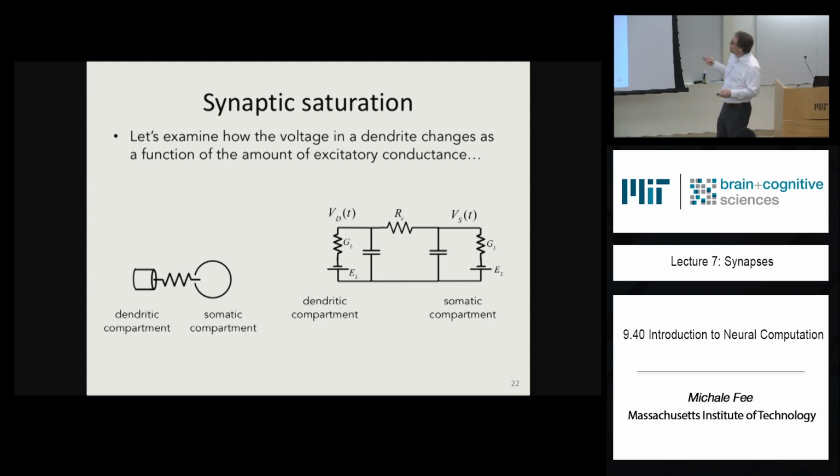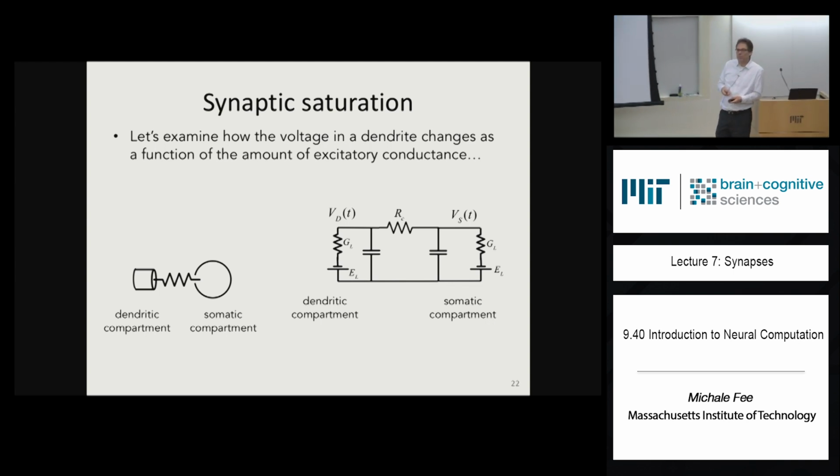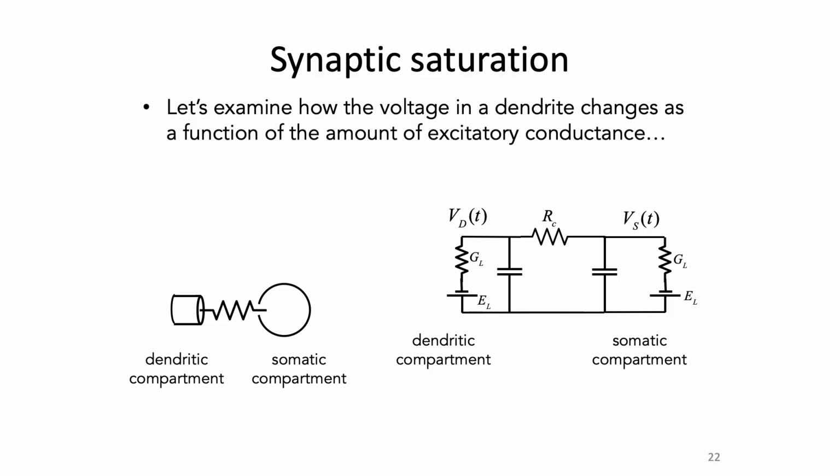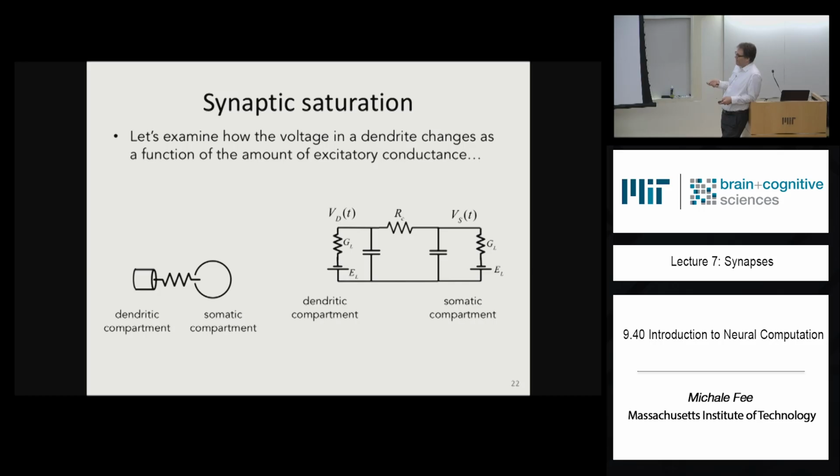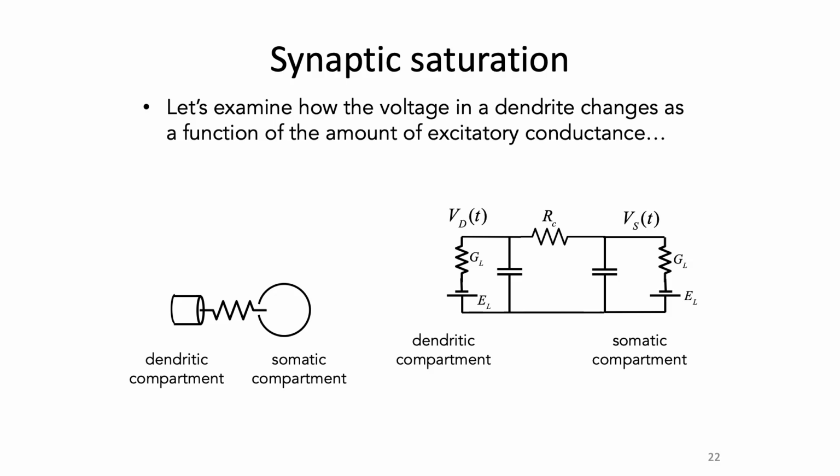Okay, so remember we introduced the idea of a two-compartment model. Last time we talked about a model in which you have a soma and a dendrite. You simplified the dendrite just by writing it down as another little piece of membrane, another little cellular compartment that's connected to the soma through a resistor. And now you can write a model for the dendritic compartment that looks just like a capacitor and a conductance with a reversal potential.